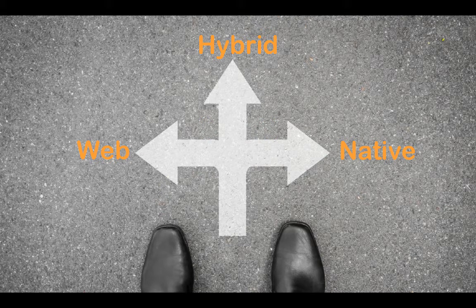Third, you have the hybrid approach, which is in between the two previous approaches to get the best of the two worlds. Hybrid approach actually allows developer to use web technologies to build native application. Also, it's worth to mention that you can adopt more than one approach for your platform. For example, you can build a responsive website and also have a mobile application.